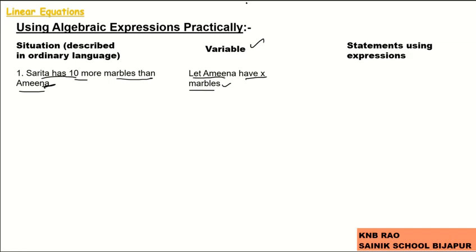Then, how will we write the same thing as a statement? Sarita has x plus 10 marbles, because Amina having x marbles makes Sarita have 10 more than that, that is x plus 10 marbles. This is how the algebraic expressions are formed.